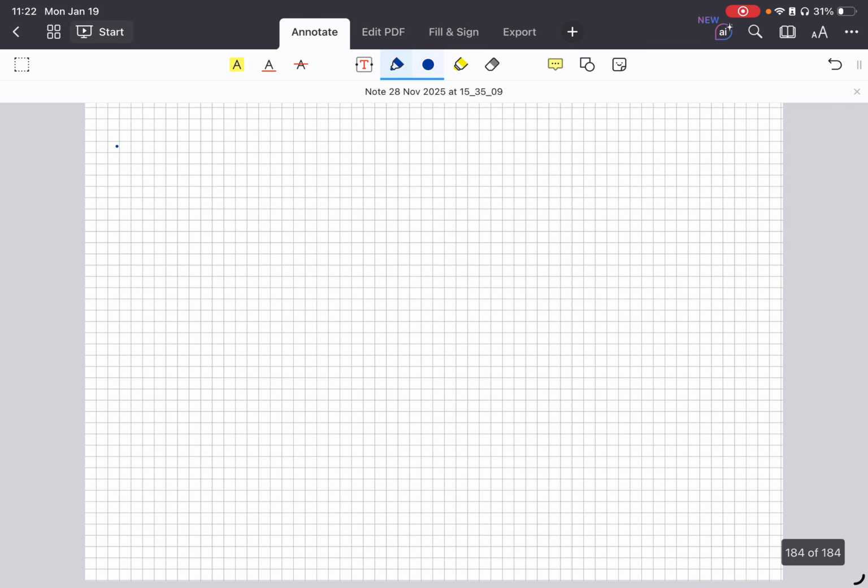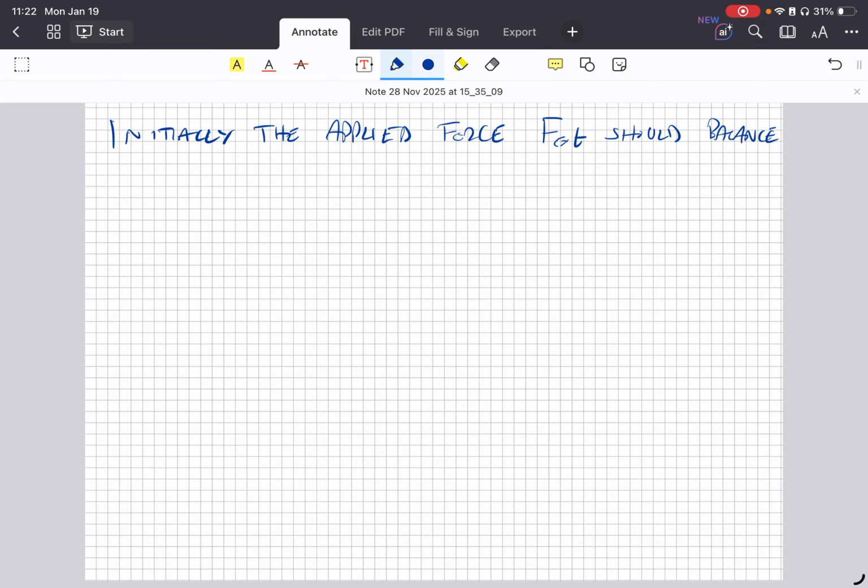So let's actually write that out in words. Initially, the applied force Fx should balance the force of the spring. So what we wrote down previously, Fx plus Fs equal to 0.